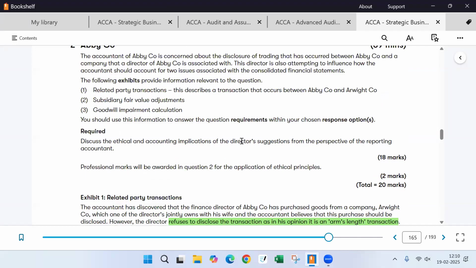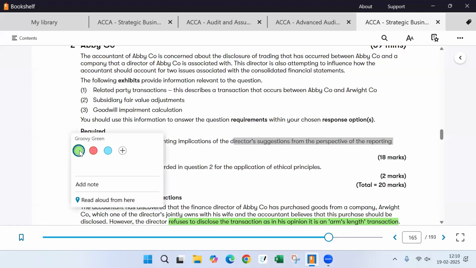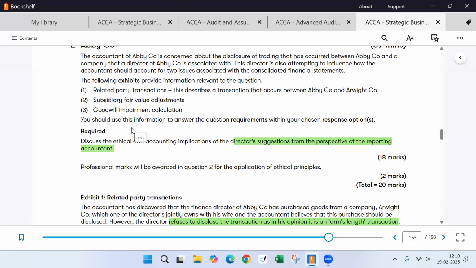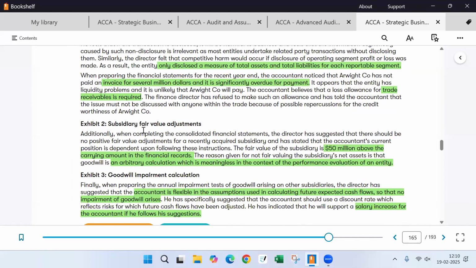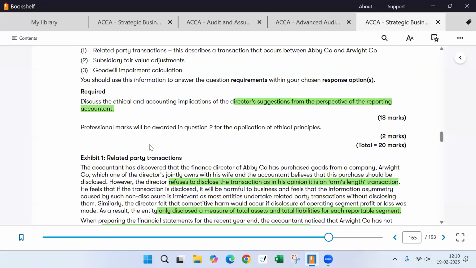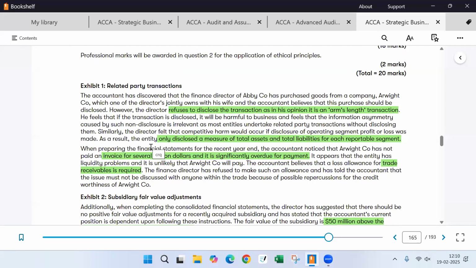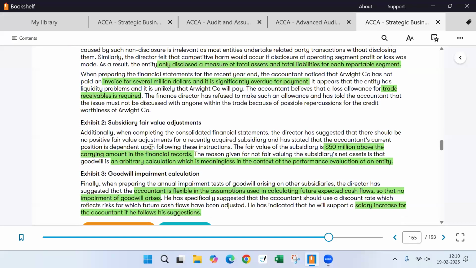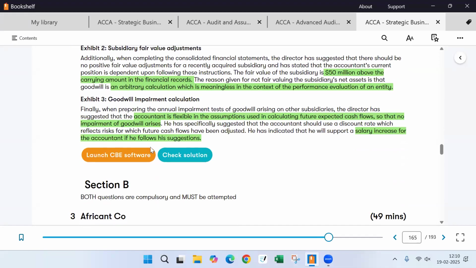Second thing, in terms of ethical issues: discuss the ethical and accounting implications of the director's suggestions from the perspective of the reporting accountant. So that's one thing. Yeah.